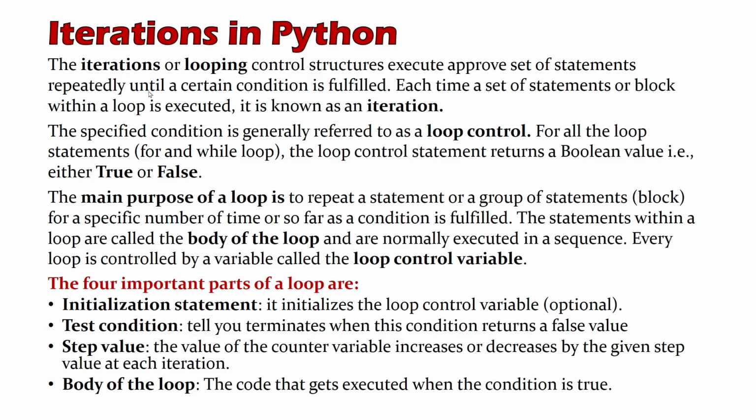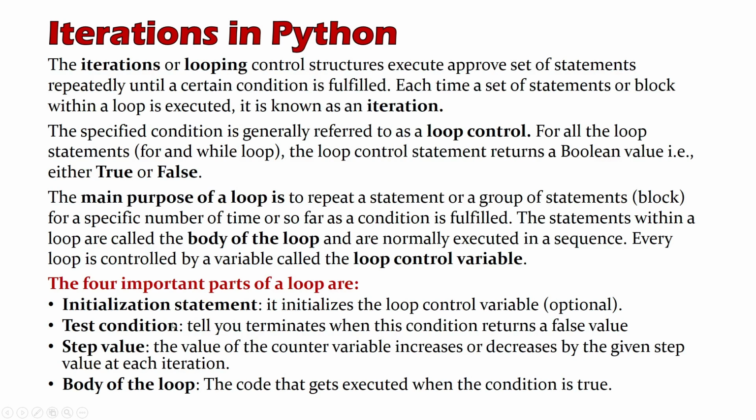So the four important parts of a loop are, first, the initialization statement. It initializes the loop control variable. You may initialize it to 0, to 1 or to any other number. Now the test condition: the loop terminates when this condition returns a false value.